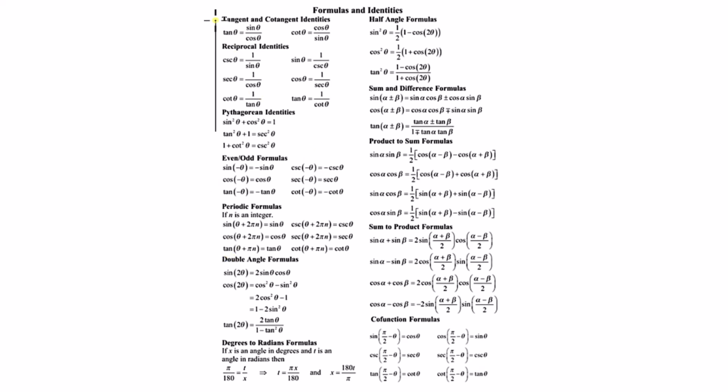So the fundamental identities, the sum and difference formulas, the cofunction formulas, the double angle identities, the product to sum and sum to product. Some trig identity sheets also include things like the conversion factors for going from degrees to radians, and here are just the periodic formulas.